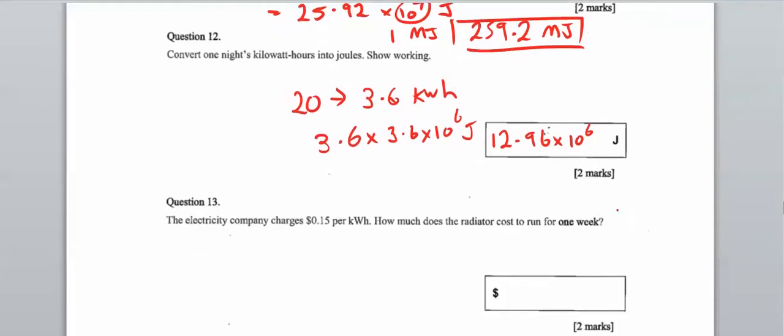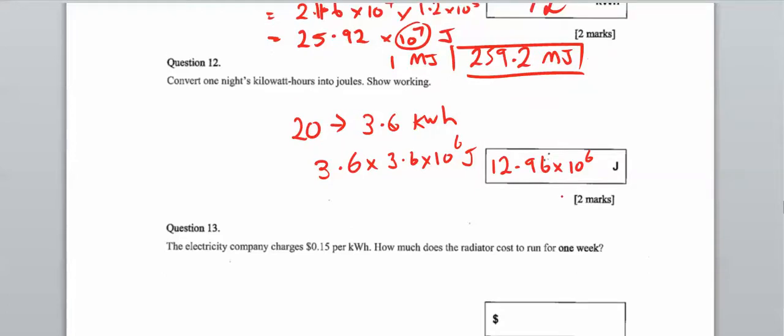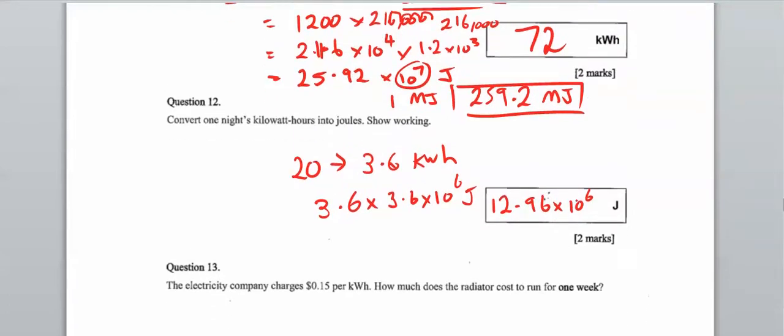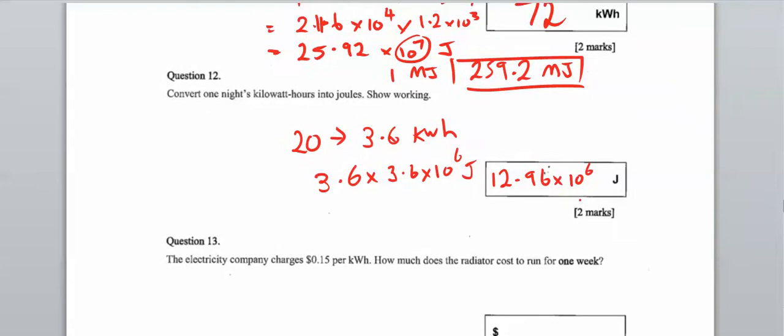The electricity company charges 15 cents per kilowatt hour. How much does the radiator cost to run for 1 week? Well, each day it's 3.6 kilowatt hours. So in 1 week, we've got 5 days, so 5 times 3.6, which is equal to 18 kilowatt hours.